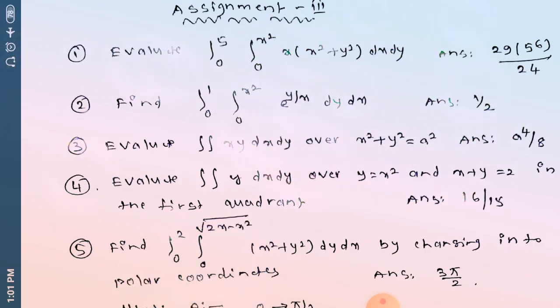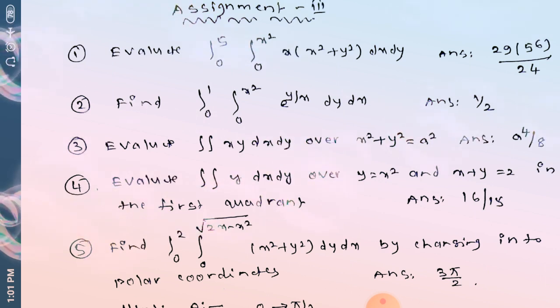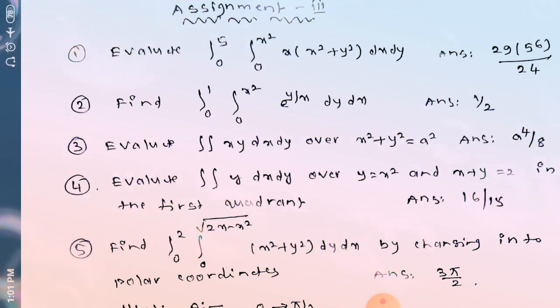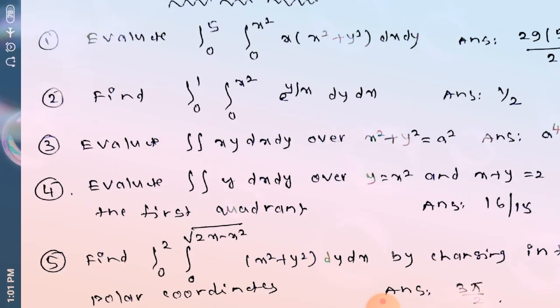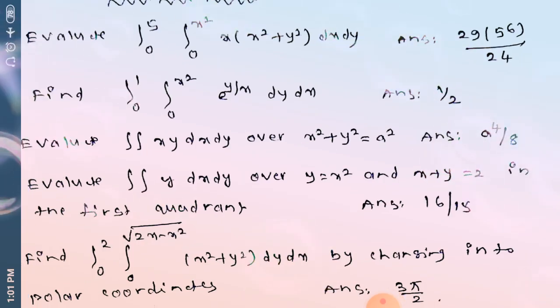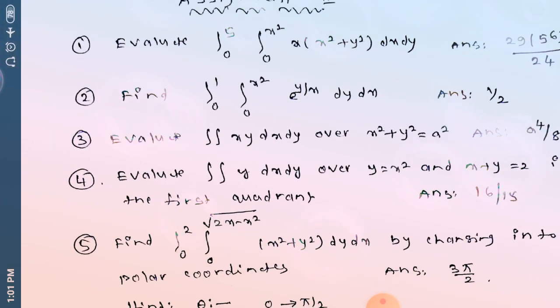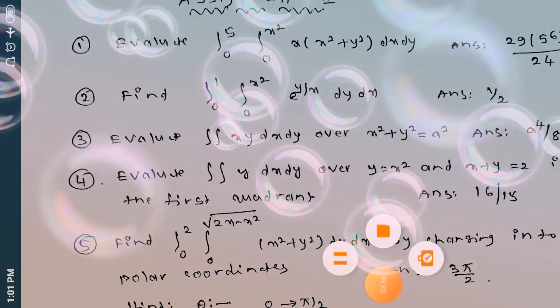Coming to the x limits, substitute y equal to 0 so that you get the x limits are 0 to a. So just do the simplification. First y integration, then x integration, substitute the limits, and you get the answer a power 4 divided by 8. This is about your third problem.